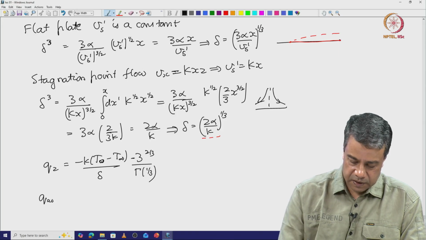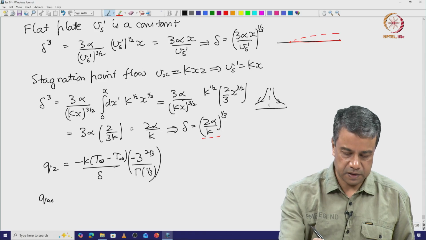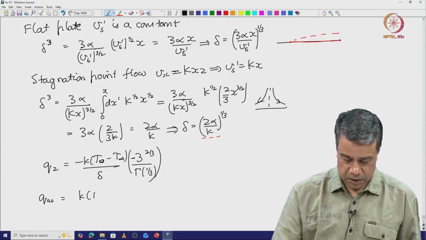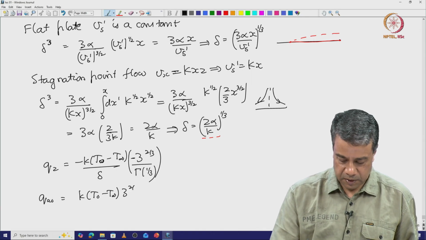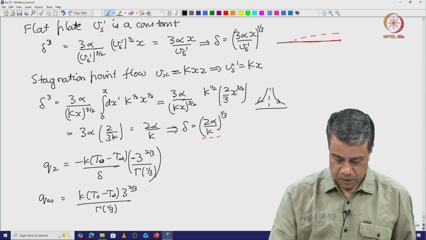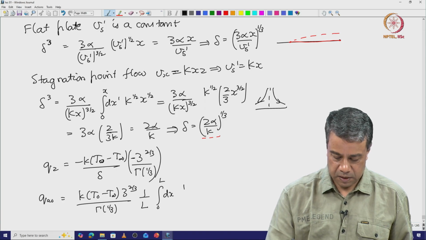This should be a negative sign here, the slope is negative at the surface, dT by d eta is negative at the surface. Q average is equal to k into T naught minus T infinity into 3 power 2 by 3 by gamma of 1/3, 1 by the characteristic length integral 0 to L dx 1 by delta.